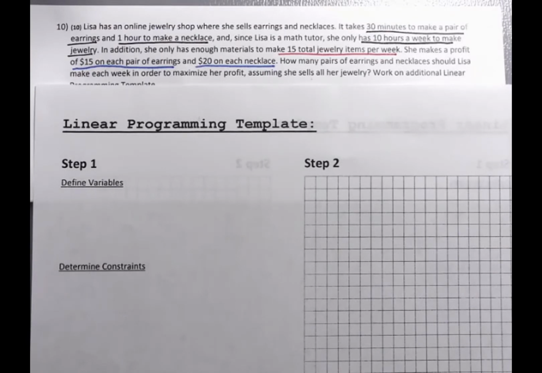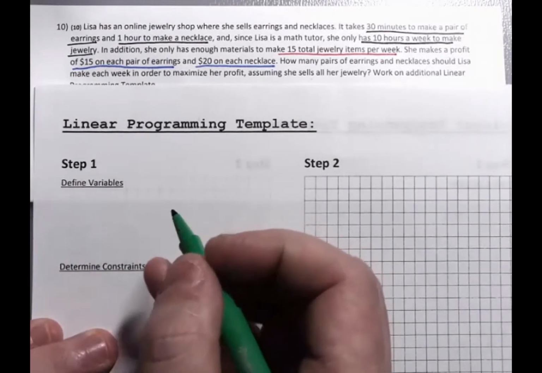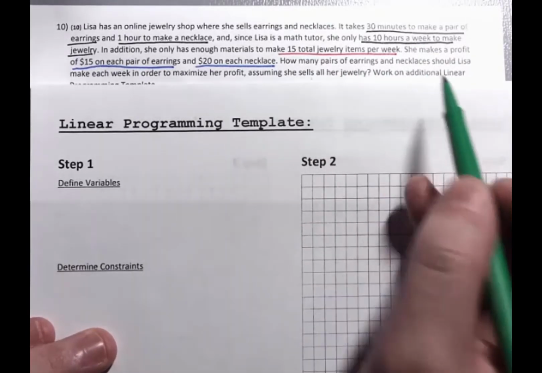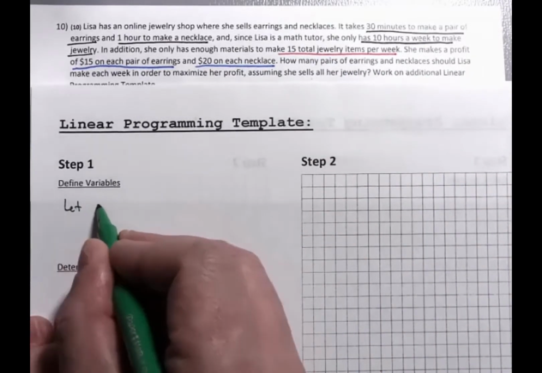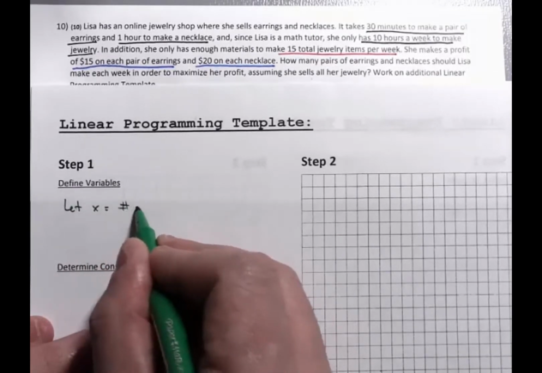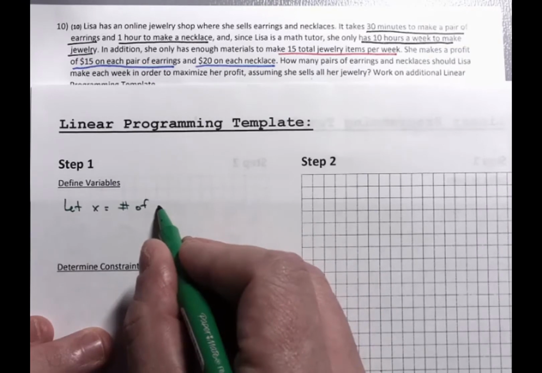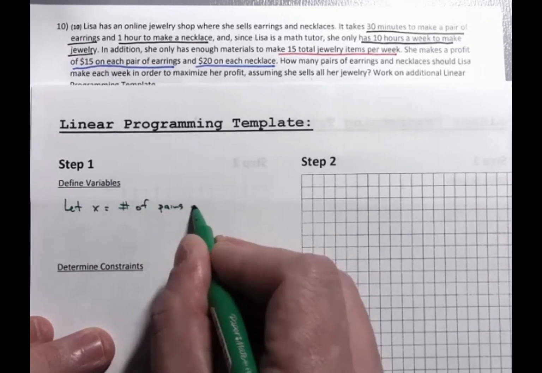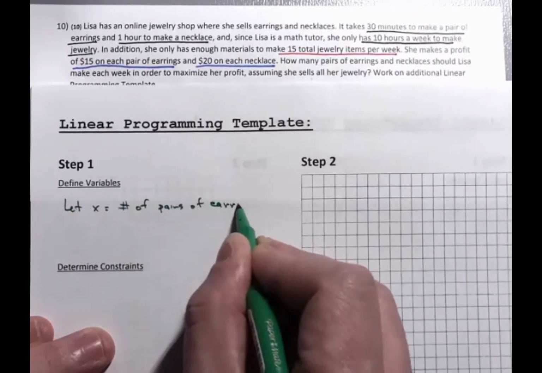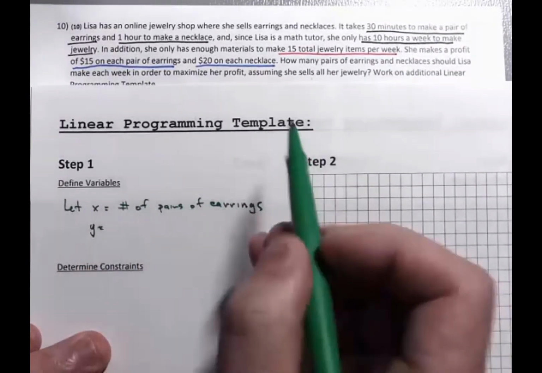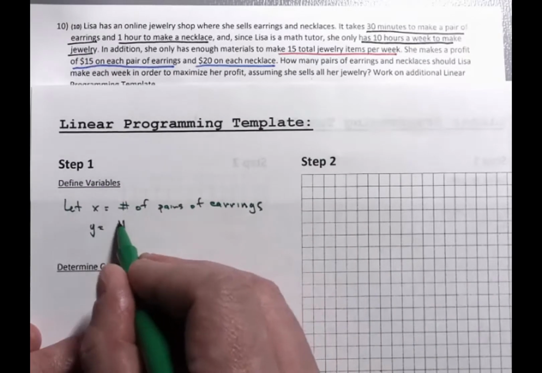So first stage is to define the variables. So here the question is about selling her jewelry, how many earrings and necklaces. So we will let x equal the number of pairs of earrings that she makes, and we'll let y equal the number of necklaces.